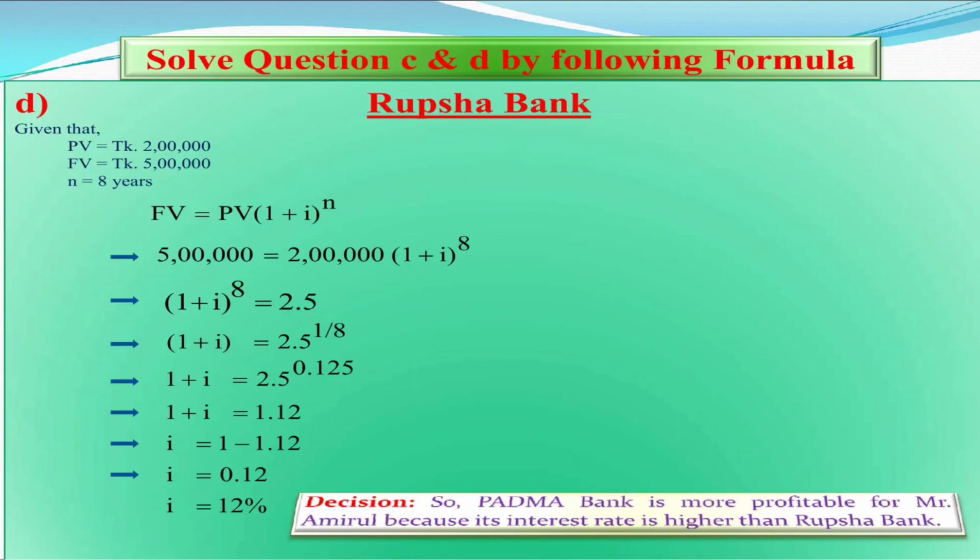By this calculation we can draw a comment that Padma Bank is more profitable for Mr. Amirul Islam by comparing the interest rates of the two banks.